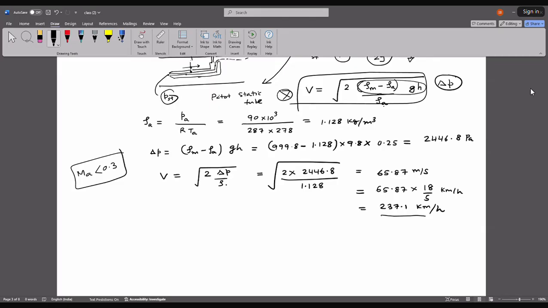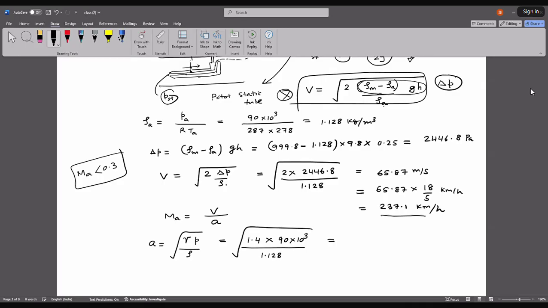To calculate the Mach number, it is basically velocity of the aircraft divided by velocity of sound in the medium. Velocity of sound is expressed as square root of gamma into pressure over rho. Gamma is the specific heat ratio, which for air is taken as 1.4. Pressure is given as 90 kilopascal. Rho is 1.128 kg per meter cube.